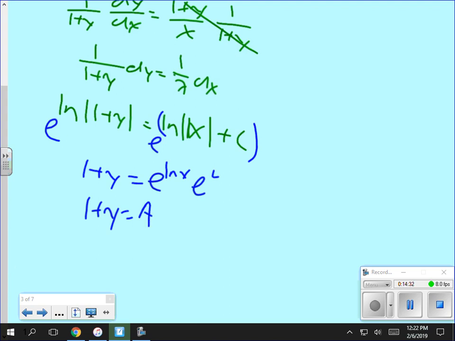Generally, for some reason, they rewrite e to the c as a. This is something that somebody adopted at some point. Why you can't just keep calling it c forever, I don't know. You could. If you put c times x there instead of a times x, it would mean the same thing. It's still a constant we don't know.